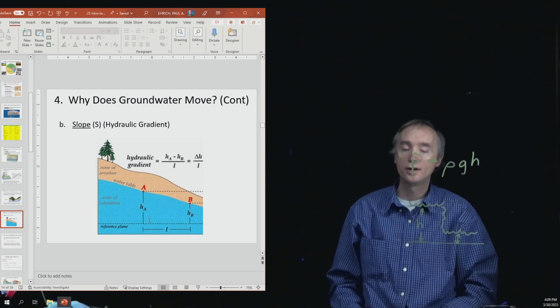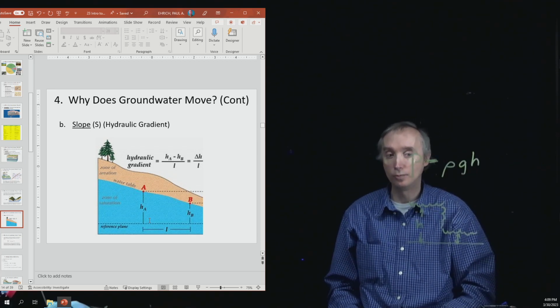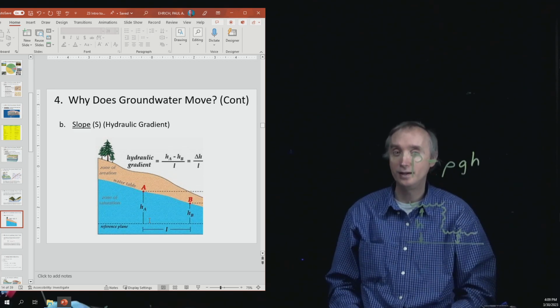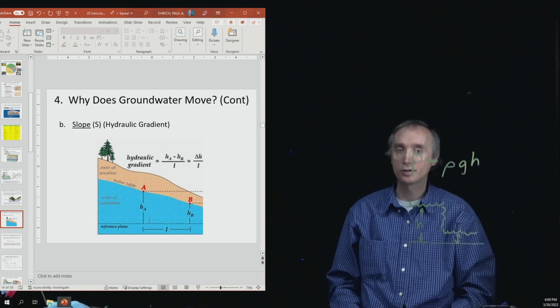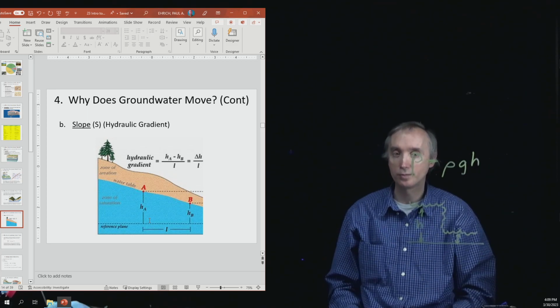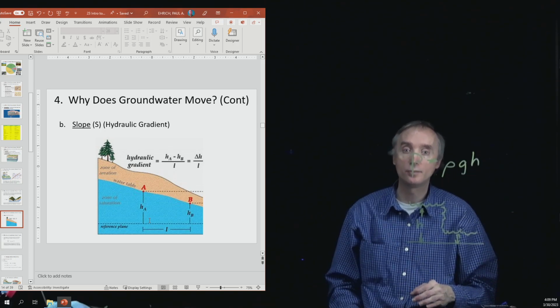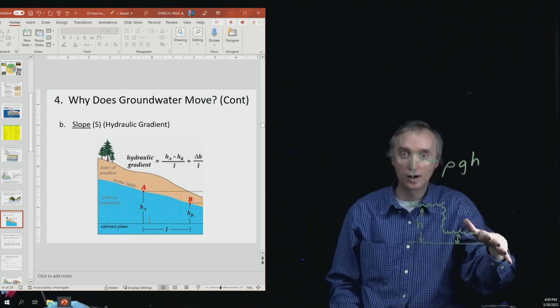Okay, another concept is slope, and this is called the hydraulic gradient. We already talked about the term gradient when we talked about rivers, and we said that a river would be flowing on top of sloped ground.